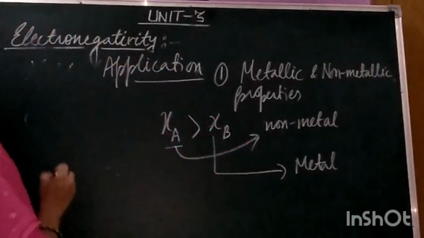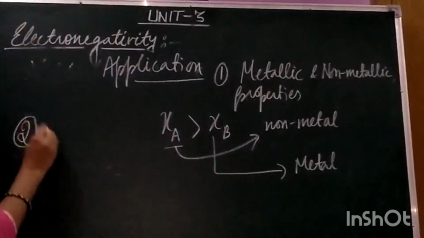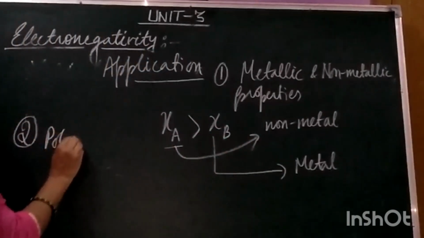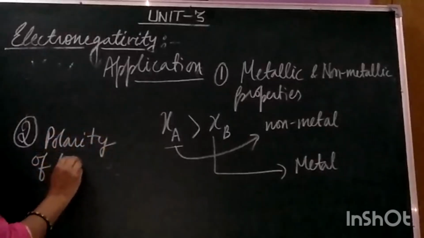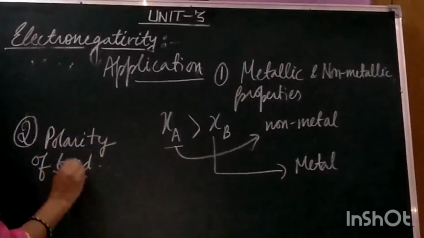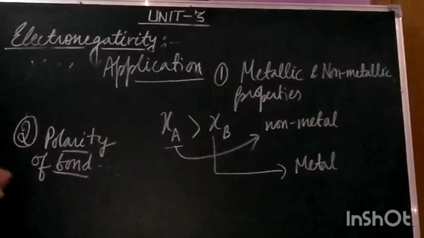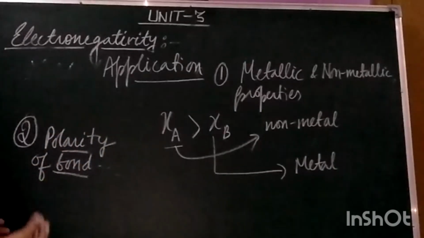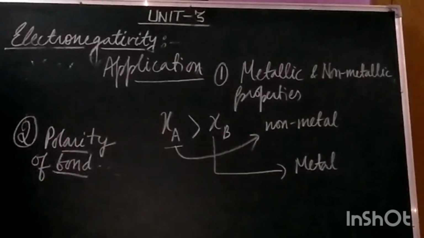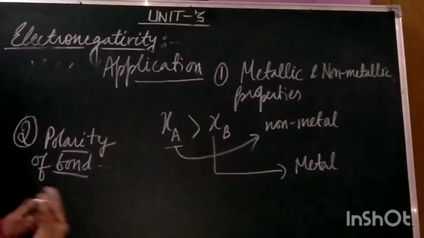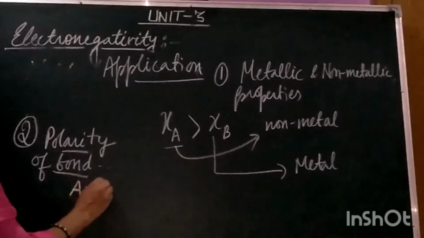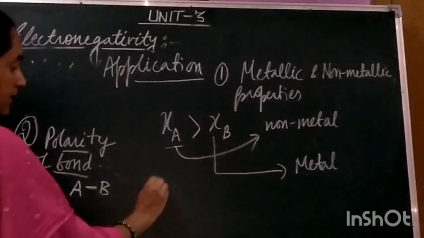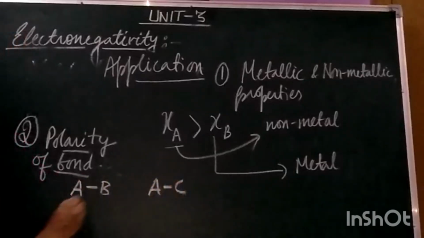The second application is to determine the polarity of the bond, which depends on the difference in electronegativity. The greater the difference in electronegativity between the two atoms in a bond, the more polar the compound will be. Say this bond is AB and this bond is AC.